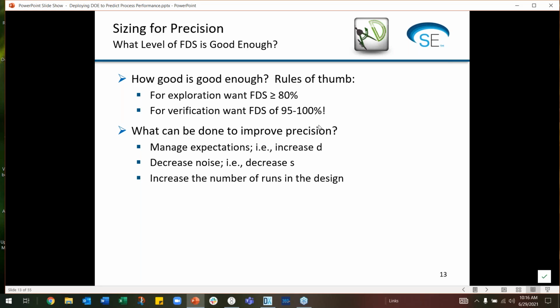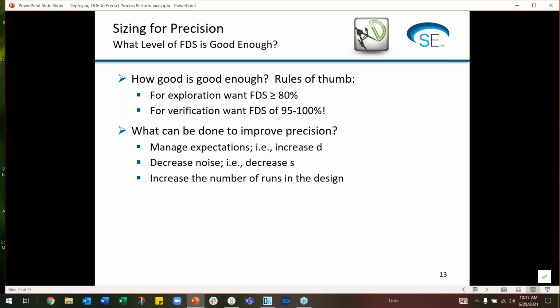If you need to improve precision, then there's basically three things you can do. You can increase your D, so accept that you can estimate things with a little bit larger plus or minus precision, not quite as small as you hoped for.